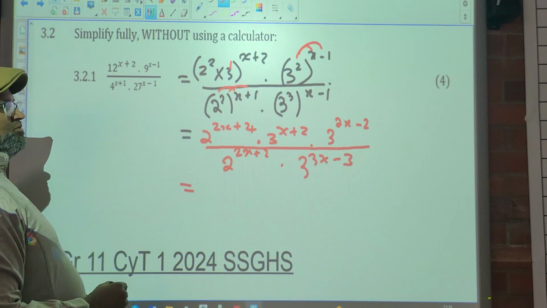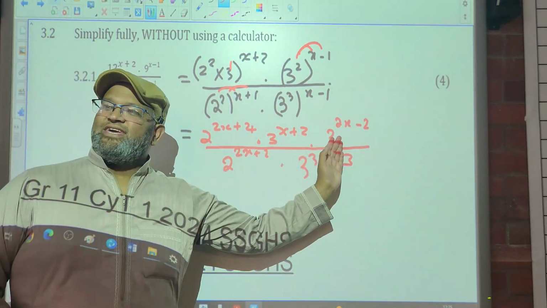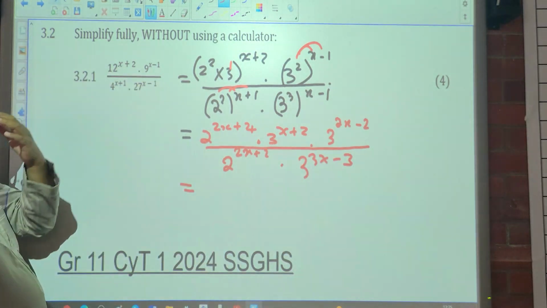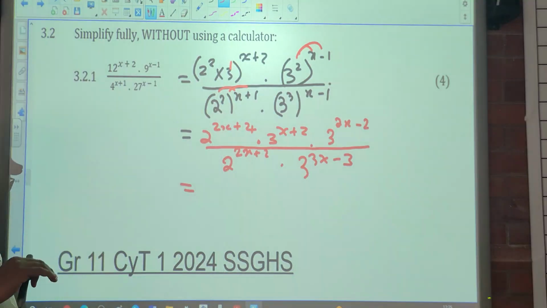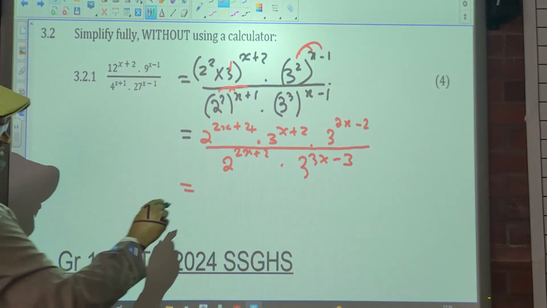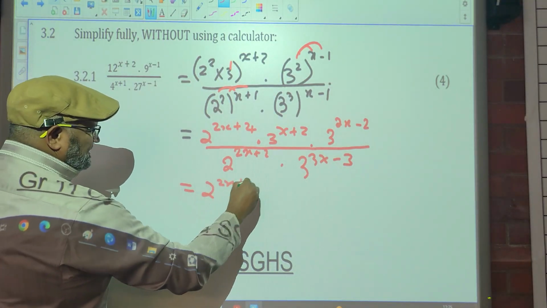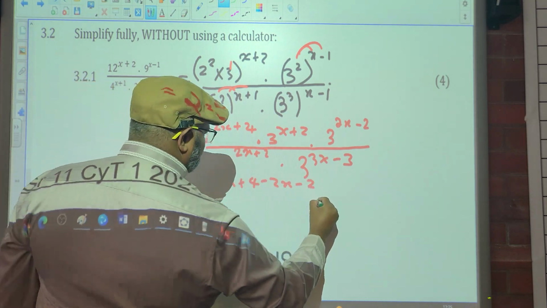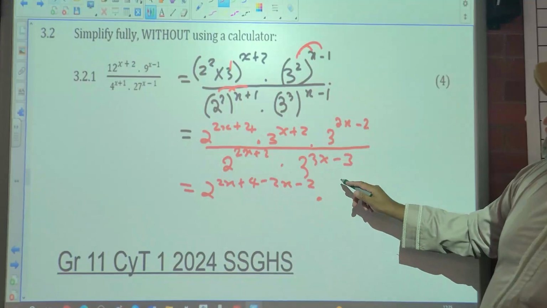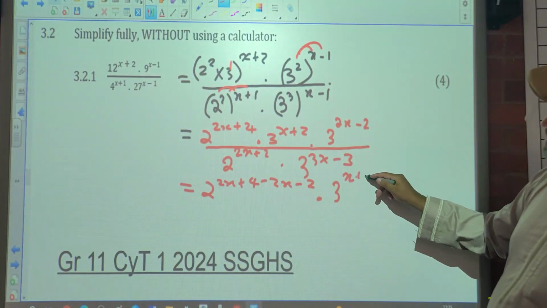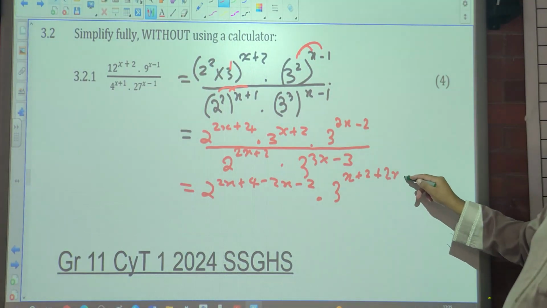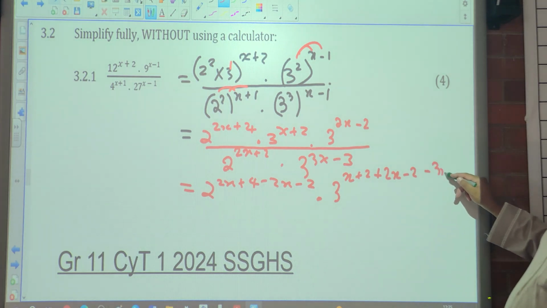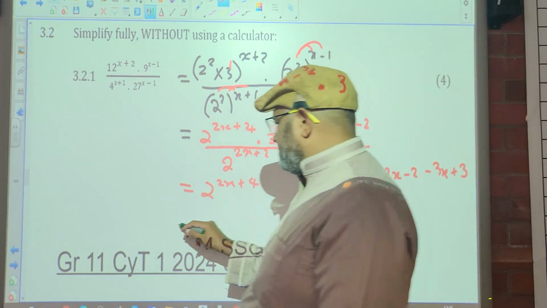So what do we do? If we multiply and bases are the same, we add exponents. When we divide, we subtract. So we've got 2 to the 2x plus 4 minus 2x minus 2, times 3 to the x plus 2, plus 2x minus 2, minus 3x plus 3.